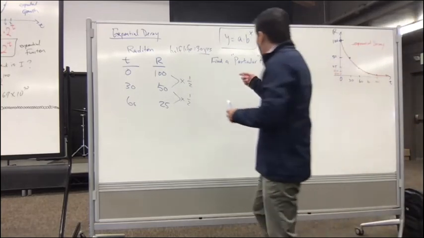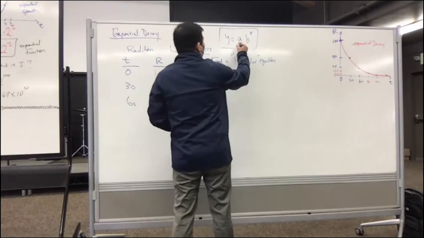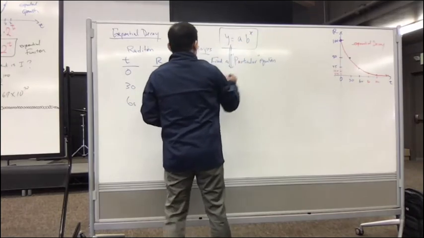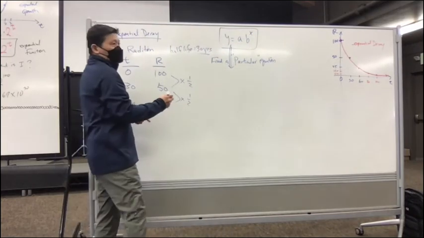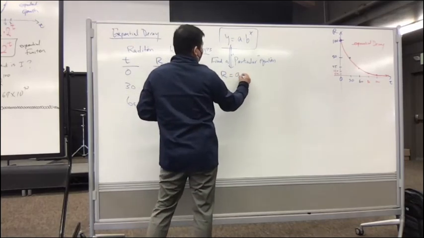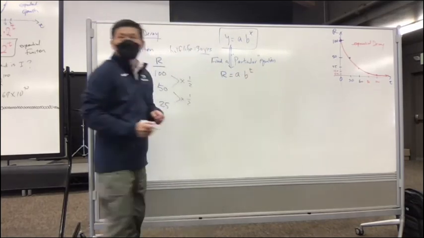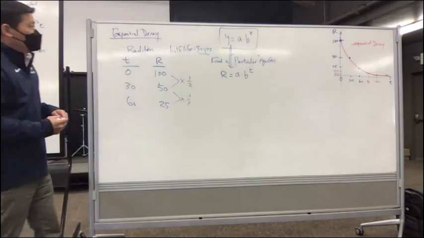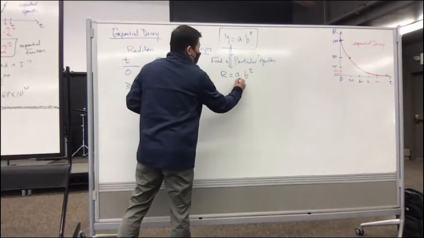So in this case, this is the general equation. We can rewrite it using the letters that we have over here. We can call this R is equal to A times B to the t. Now remember, we need to figure out what A is and what B is.